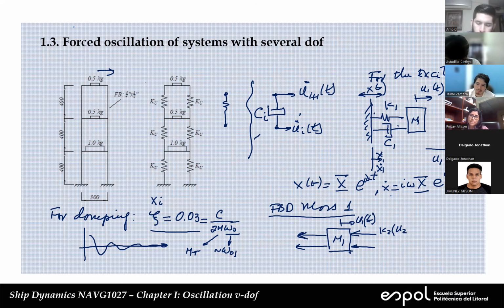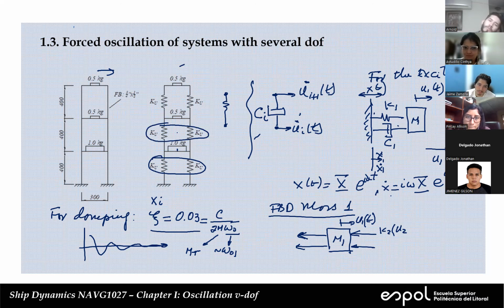What we're saying is that this is the spring that we are considering, but if this moves, this is U2 and this is U1. If this one and this one move, they both affect these forces. So here I should have U2 and also U1.